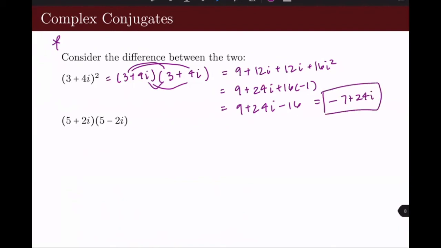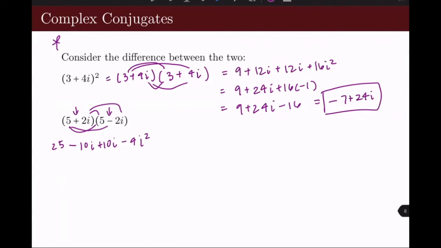That's kind of ugly. So squaring a complex number is not pretty, right? So let's try this one, where one of them is plus and one of them is minus. So first we'll do 5 times 5, which is 25, minus 10i, plus 10i, and then 2 times 2 is 4, one of them is negative, so I have negative 4i squared.